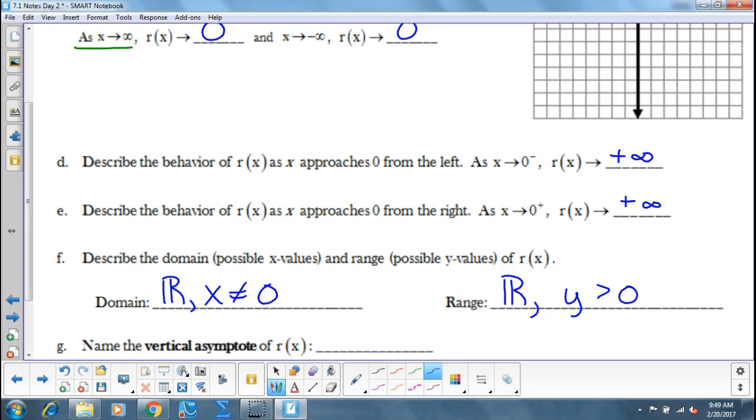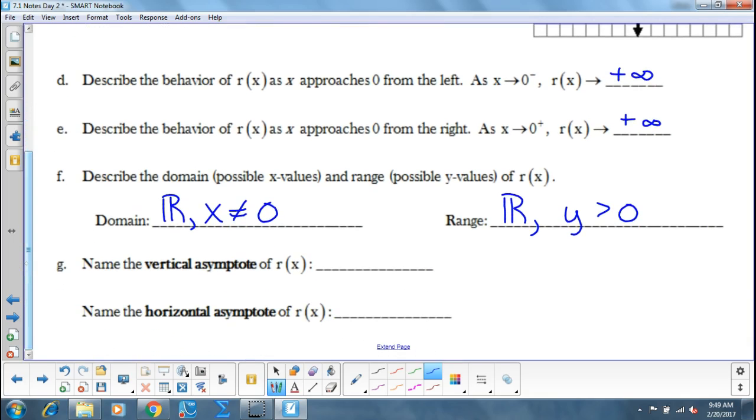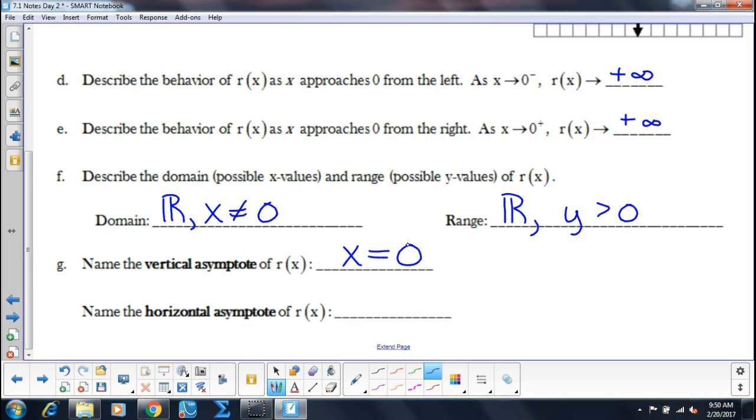We talked already about the vertical asymptote, where that's x equals 0. Remember that your vertical asymptotes come out of the restrictions in your domain. Anytime you have a restriction in your domain, that's going to give you a vertical asymptote. Okay? Horizontal asymptote. What's that? How did we describe it on Friday?